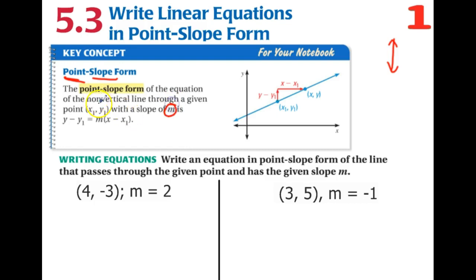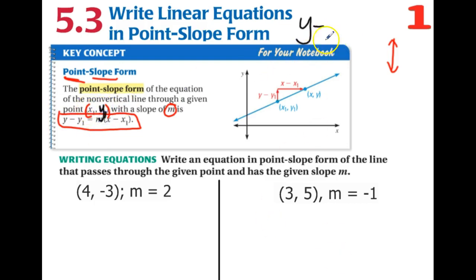So we've found our slope before and we know how to label a point xy. So this is our new equation right here. So it's y, I'm going to use different colors here to show you what I mean. It's the letter y, not what we're plugging in, the actual letter y, minus y1, which comes from our point.